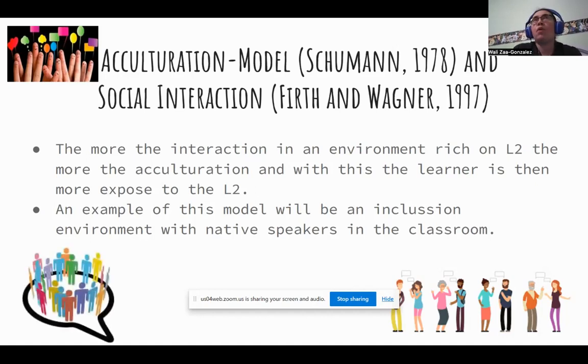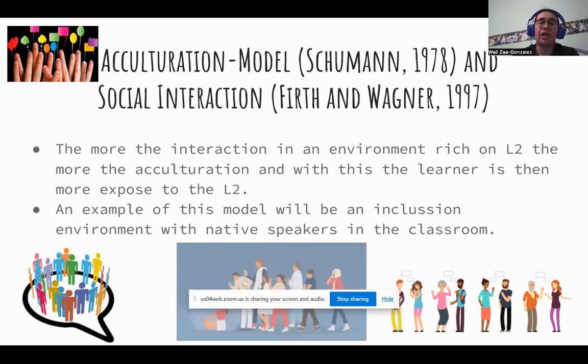I know we were talking about examples in the classroom, but an example is also in the community. When a person is located in a community where they don't have social interaction with people who do not speak the same native language, where they don't see the need to learn the new language, they are surrounded in a bubble.